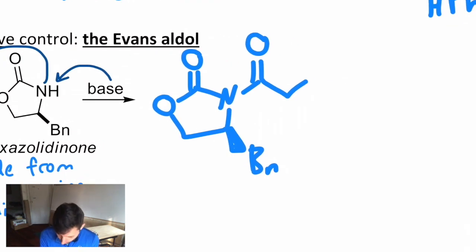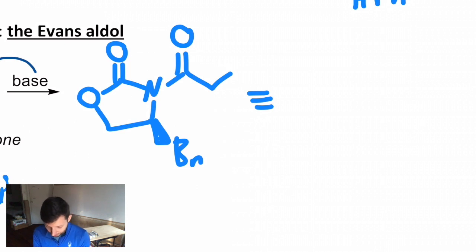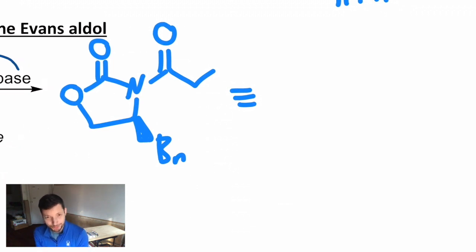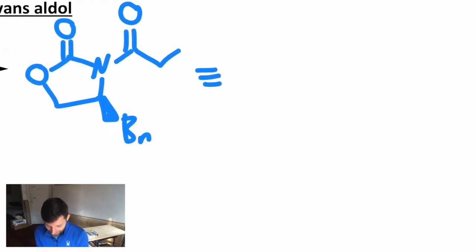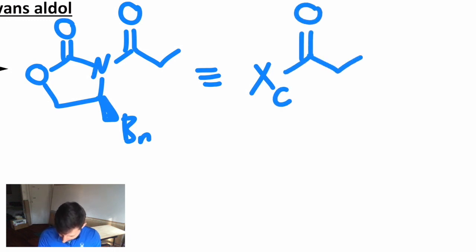And I'm actually going to abbreviate this because what's on the left-hand side here isn't going to chemically do anything for us. It's going to physically do something for the arrangement, the orientation of the molecules. It's a big steric group, and I'm going to abbreviate it as X sub C for chiral auxiliary.